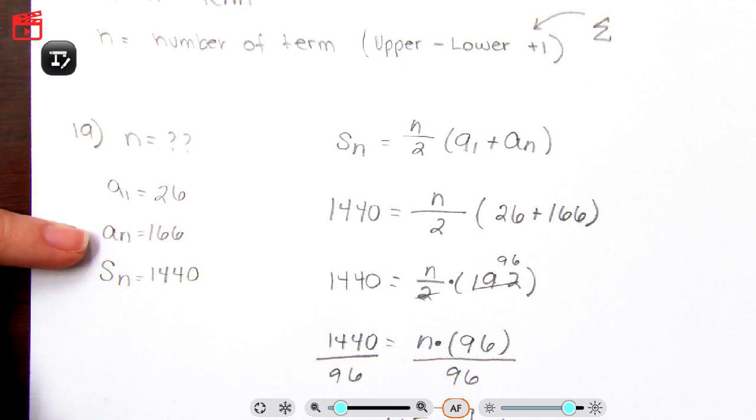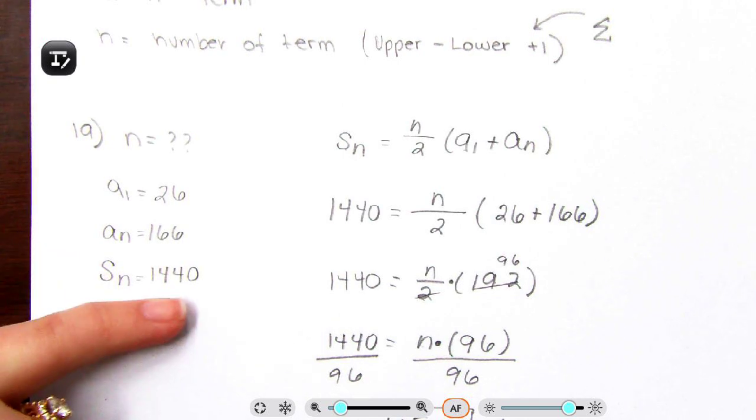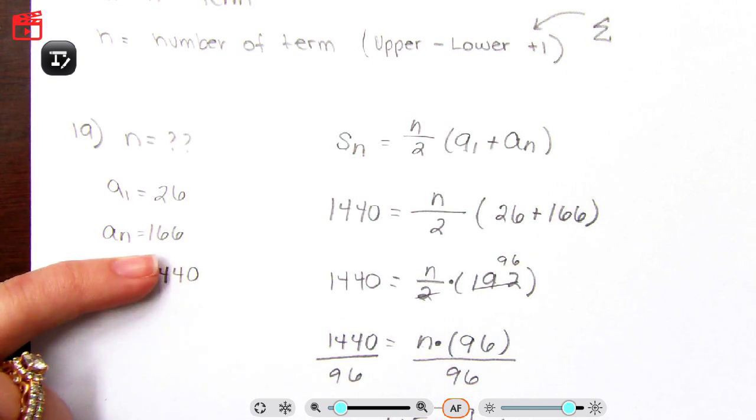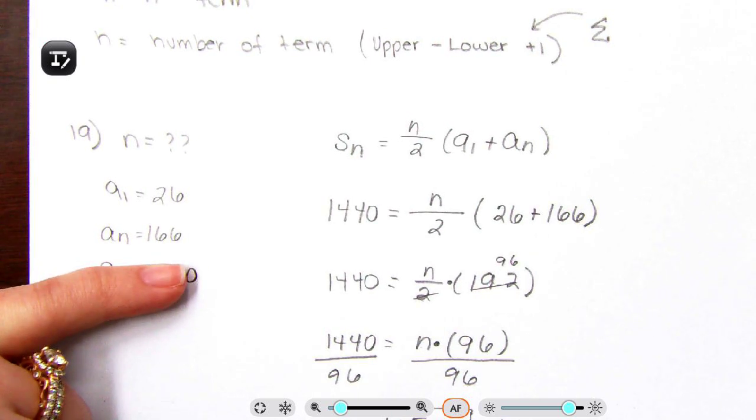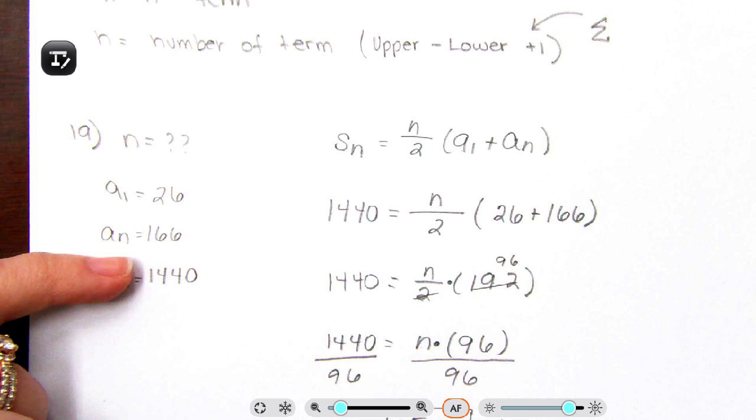A sub n is 116. And they give us S sub n. Okay. So let's go ahead and solve for the quantity of terms. So we know that the term is 116, but we don't know what position that term is in. So that's what we're needing to find.